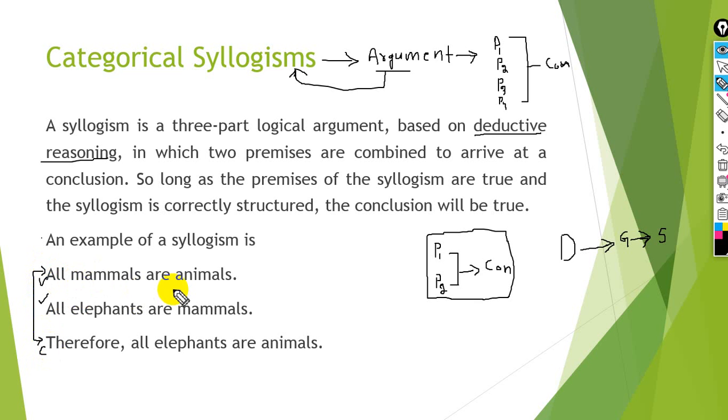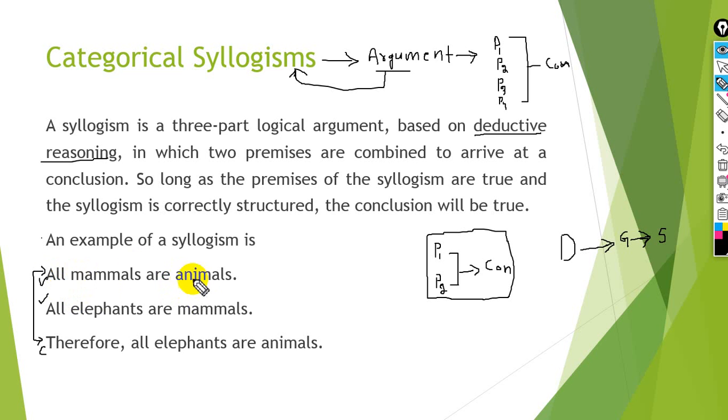The first premise is: all mammals are animals. Here we made a general statement. Mammals are the animals that feed their babies with milk, the animals which give milk to their babies.